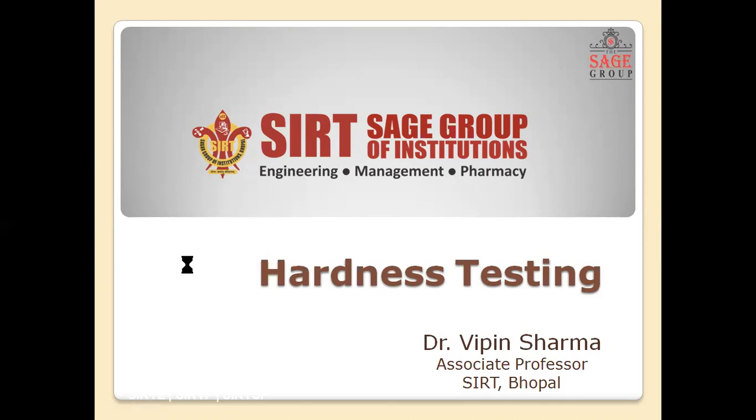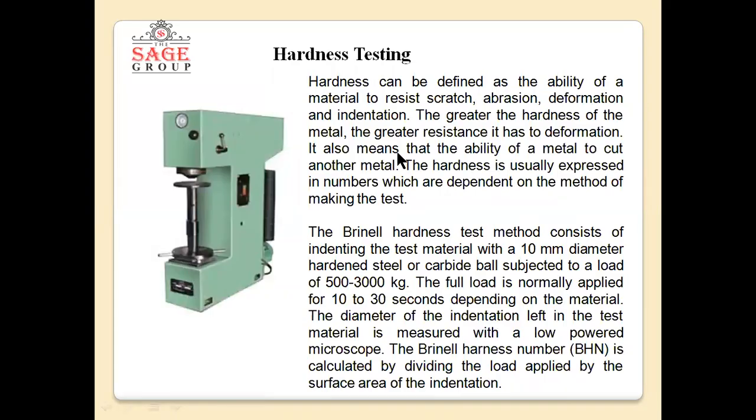Now, before going to the hardness testing procedure, we have to understand basically what hardness is. Hardness can be defined as the ability of a material to resist scratch, abrasion, deformation, and indentation.